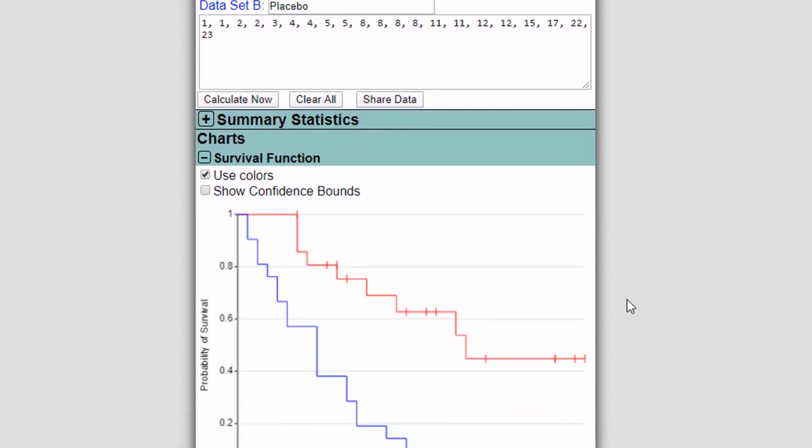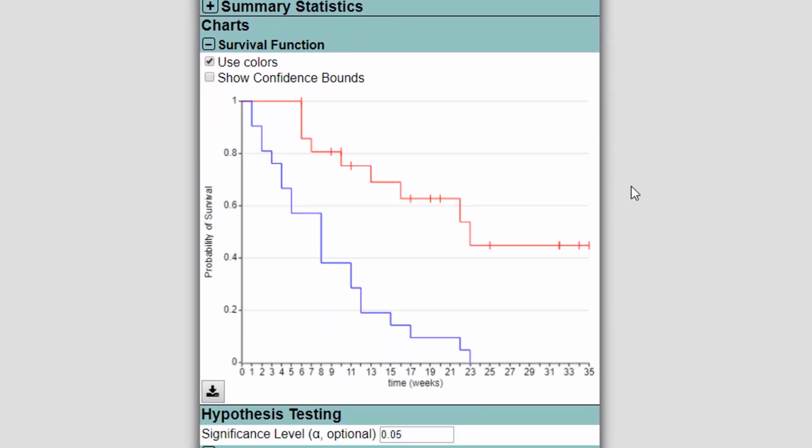You can see that there's a big difference between the two, the red being the treatment and the blue being the placebo. In general, it took a lot more time for remission in the treatment group than in the placebo group.